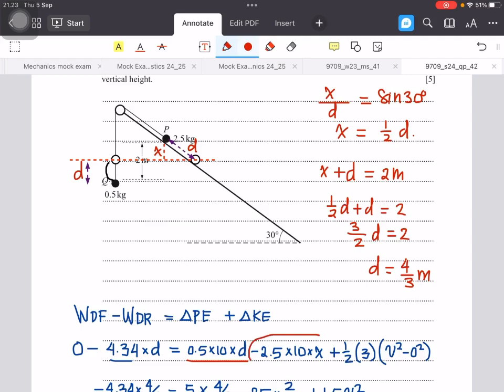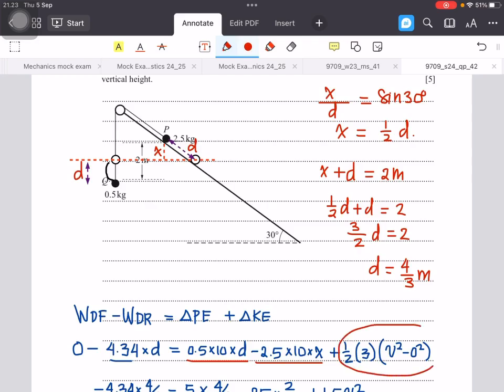But there is also change in potential energy for object P, but this time P loses some of its potential energy because particle P moves x meters downward. So this one is negative.